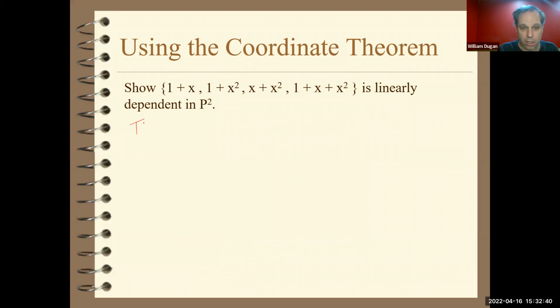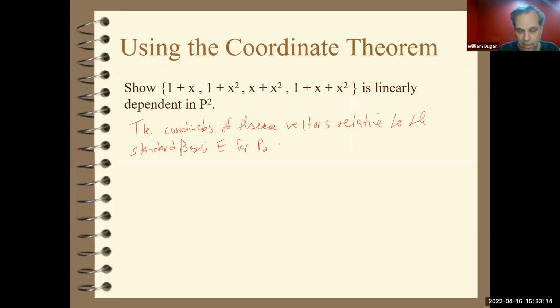The coordinates of these vectors relative to the standard basis E for P2 is the set (1, 1, 0), (1, 0, 1), (0, 1, 1), and (1, 1, 1).